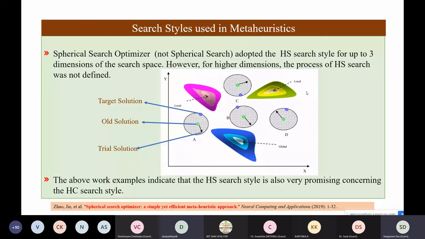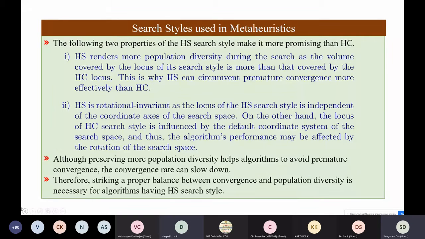So the above examples indicate that the hyperspherical search style could be very promising in contrast to the hypercubic search style. The search style of such hyperspherical locus of the solutions is very attractive because of 2 reasons.